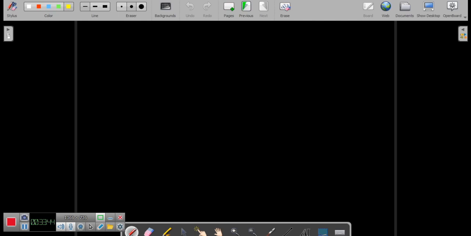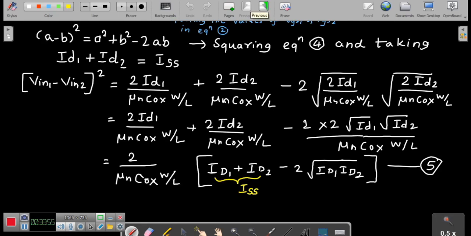I can write, please check, half, because this 2 whatever I had previously I will bring this side, okay, and mu n COX into W by L I will take to the numerator here, right?